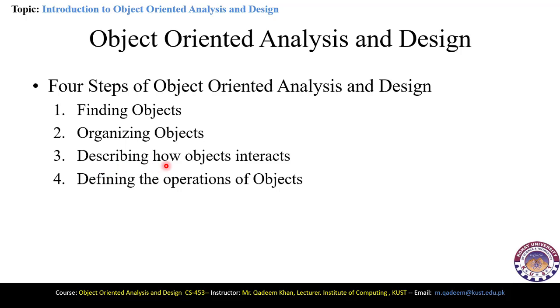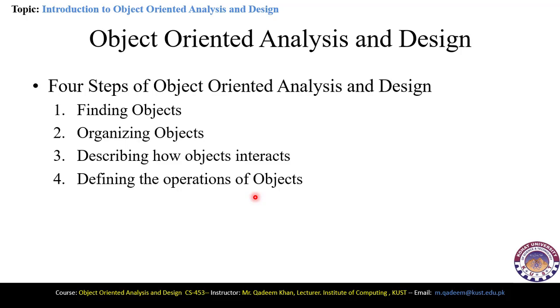Then we have to describe how objects interact with each other, meaning that different objects pass data from one object to another. They will collaborate with each other by passing data as well as calling functions. Next is defining the operations of the objects. Here we will define the functions of the objects, that is, the basic characteristics or functionalities of the objects provided to the end users.